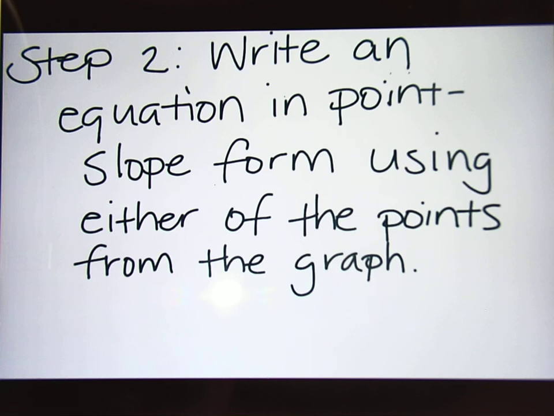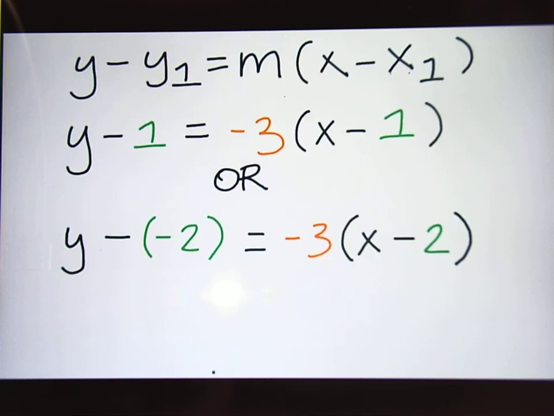Step 2, write an equation in point-slope form using either of the points from the graph. So on that graph, it doesn't matter which point you choose, either one of them, and then use that to create the point-slope form that we discussed yesterday in class. So here is the point-slope form. And so now we're just going to fill in the values.